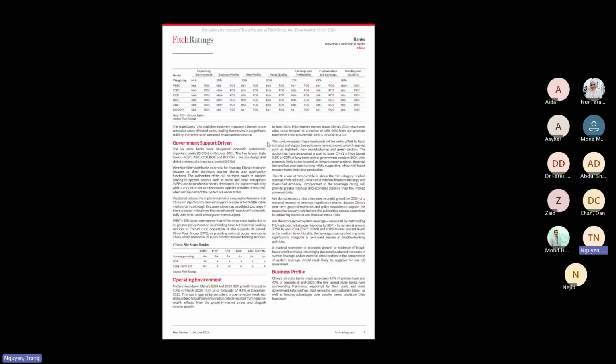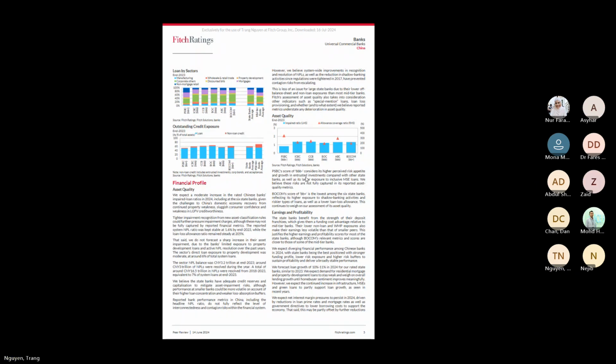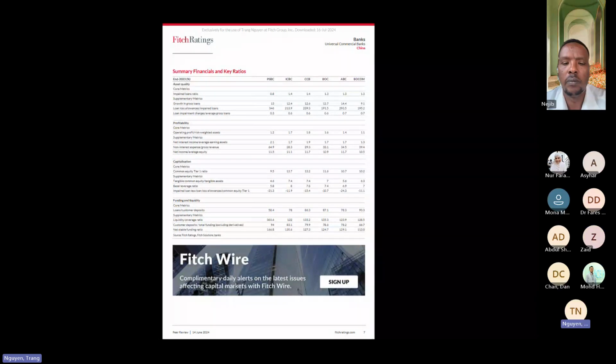And then we take into consideration the operating environment. We take into consideration the business profile here as well, the risk profile here as well. Yeah, the financial profile is also included here.